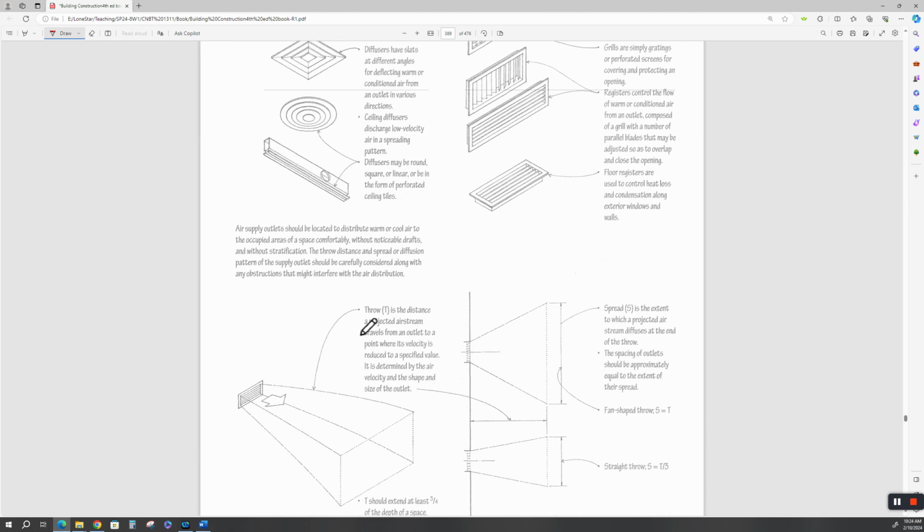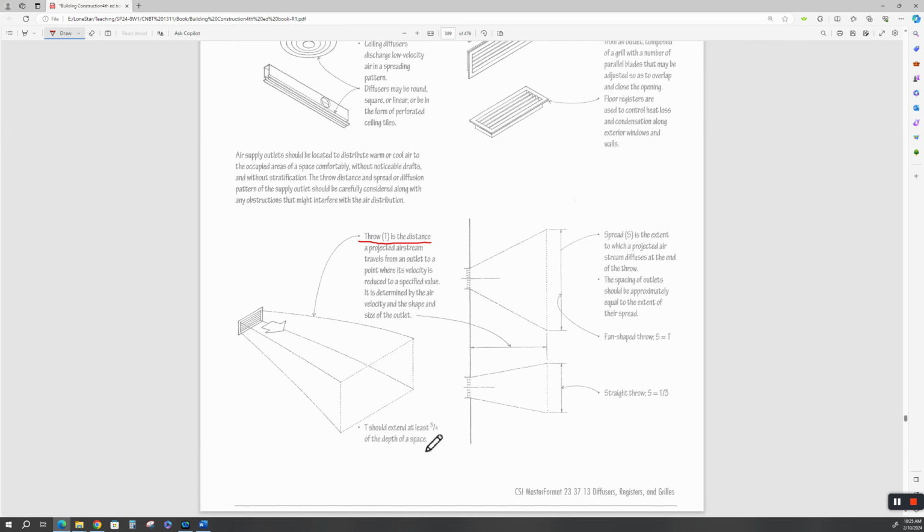There's something else you need to understand, and that is the throw. The throw is the distance a projected airstream travels from an outlet to a point where its velocity is reduced to a specified value. This goes back to ASHRAE, and the HVAC engineer will determine what kind of throw you need, okay?